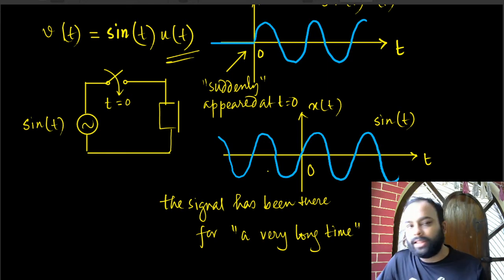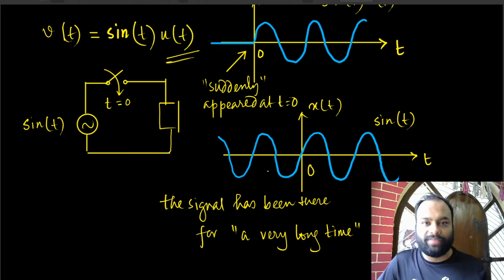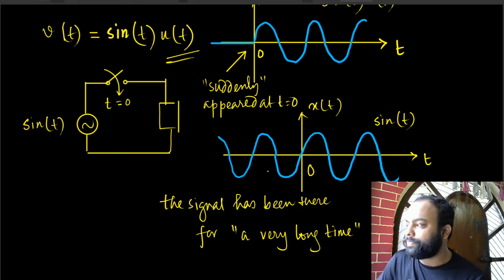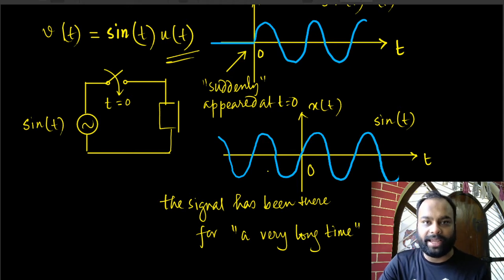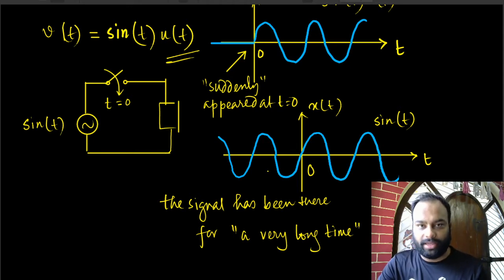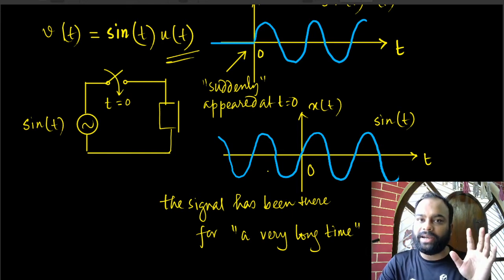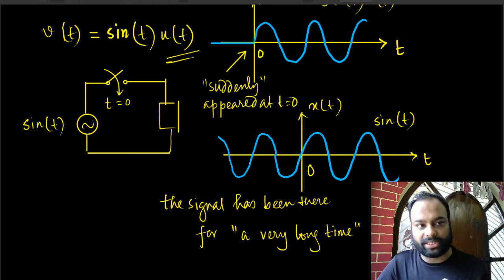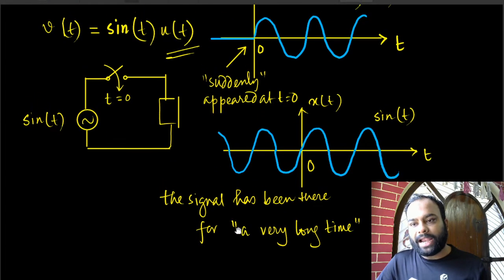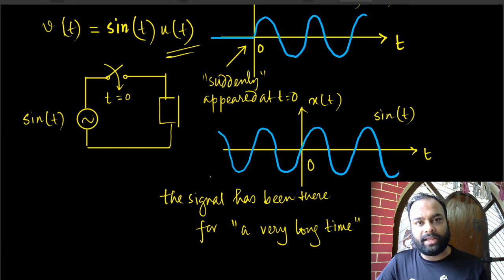But someone who earns 50,000 rupees per month, for them that's a pretty simple amount of money. That's not infinity. So the term infinity here is also relative, and we shall discuss that later in today's class. But try to understand that from the perspective of the circuit, this signal has been there for a very long time, and this signal from the perspective of the circuit has suddenly appeared.